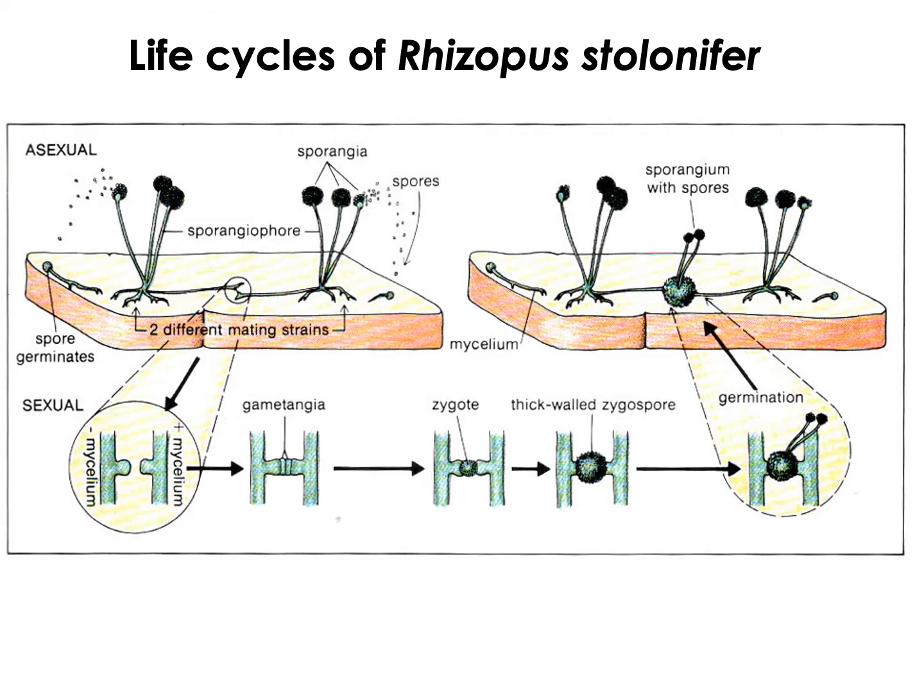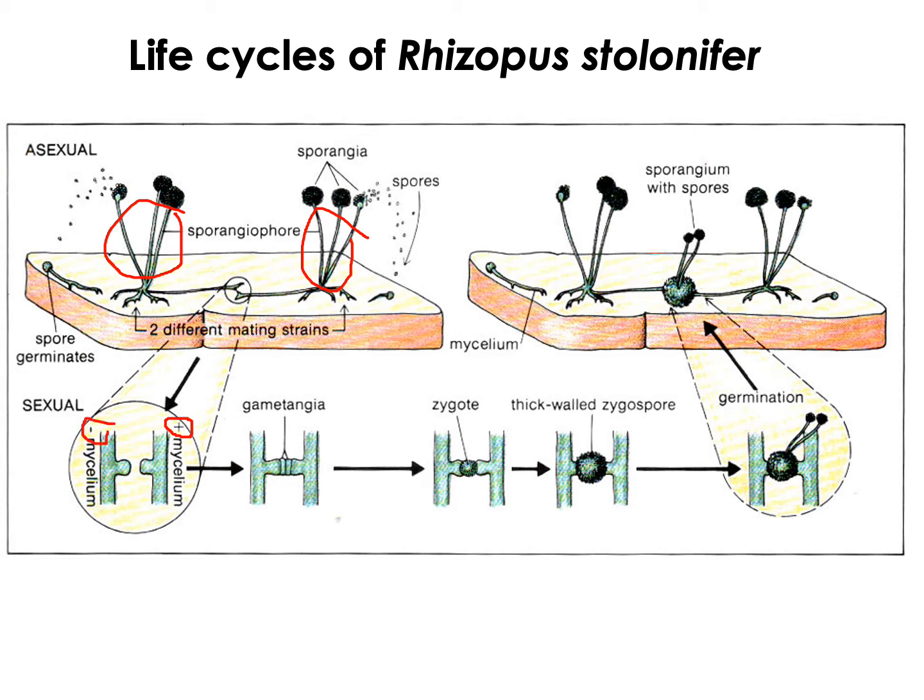Okay, so here is the life cycle of Rhizopus stolonifer, which is the black bread mold. If you see here, this is one strain and this is the other strain. So you can see there are two different mating strains. There are two mating types of hyphae, termed plus and minus.